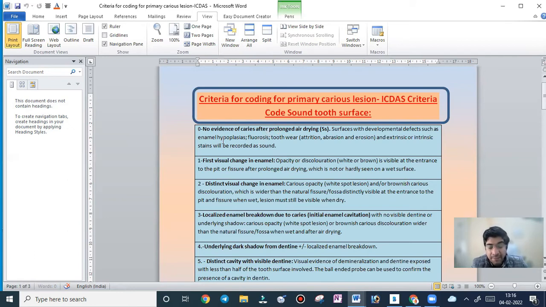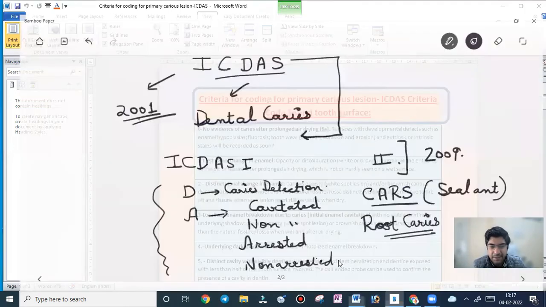The developmental defects that include enamel hypoplasia, fluorosis, and teeth wear will be recorded as sound. And the score 1 includes the first visual change in the enamel, that is the opacity or discoloration that is visible at the entrance to the pit and fissure after prolonged air drying, which is hardly seen on a wet surface.